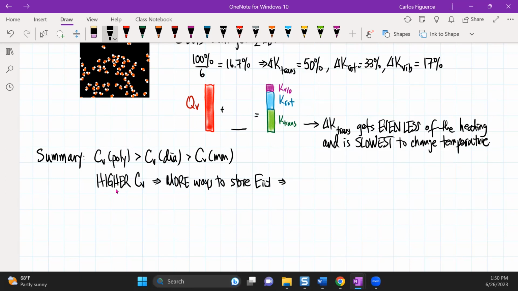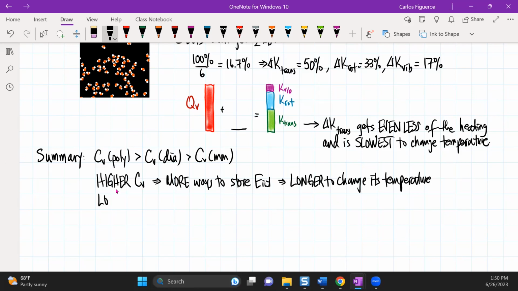So therefore, it takes longer to change its temperature. In everyday language, we say it takes longer to heat up. That's not correct. It's change the temperature.